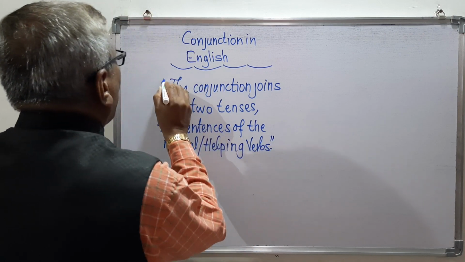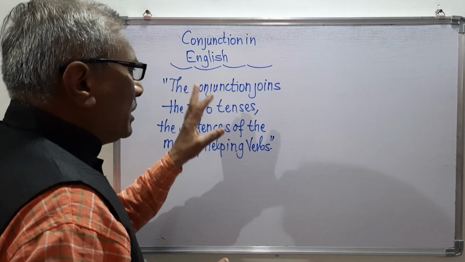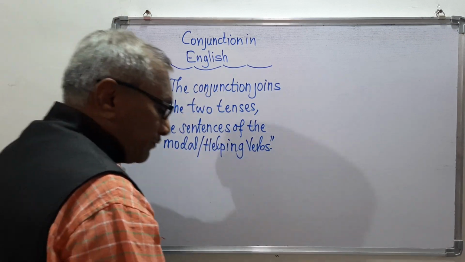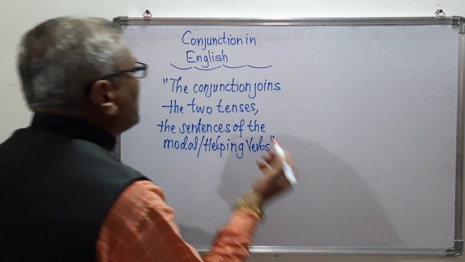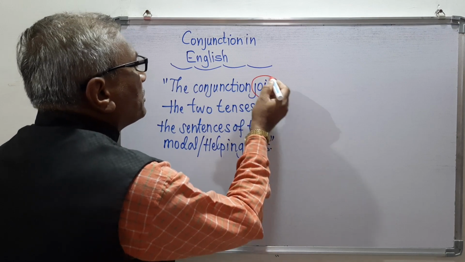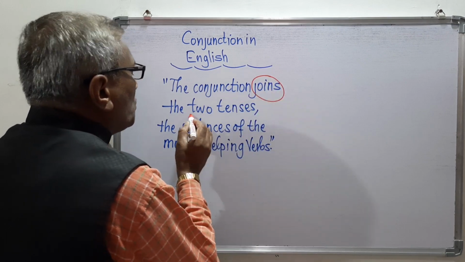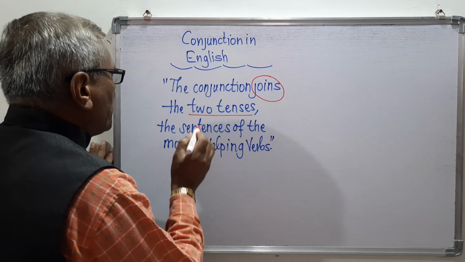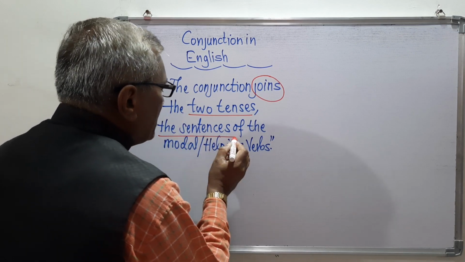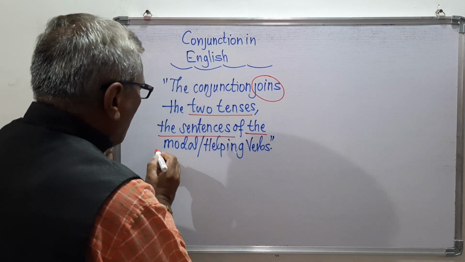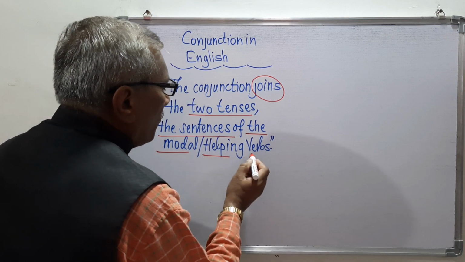The point is that the conjunction is the particular word which joins the two tenses. It joins two sentences of the modal or helping verbs.